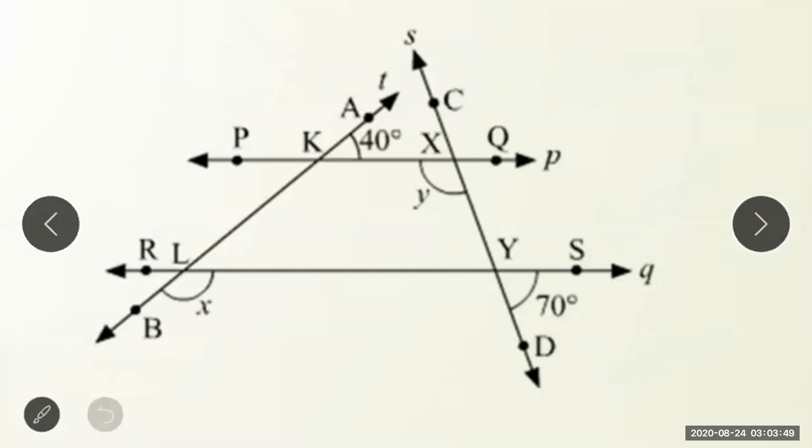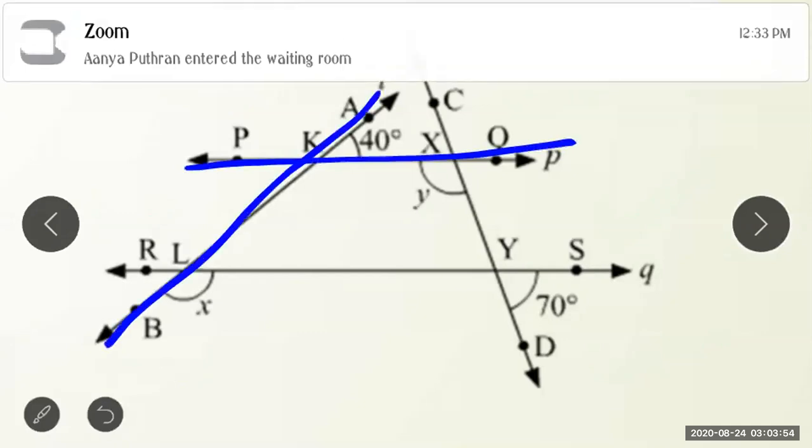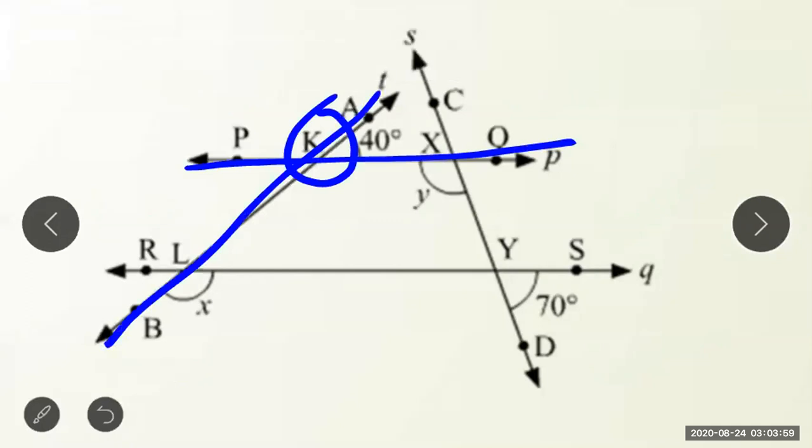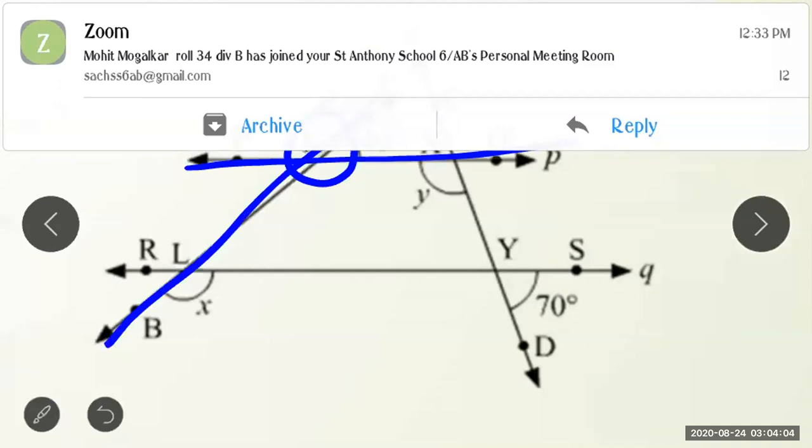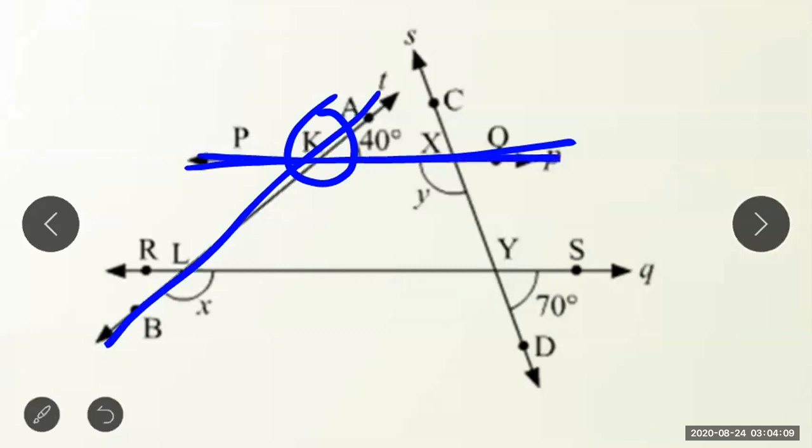PQ and AB intersect at K. Next, PQ and CD intersect at X. Intersect at X, there is a mark over there. So once again, PQ and CD intersect at X.